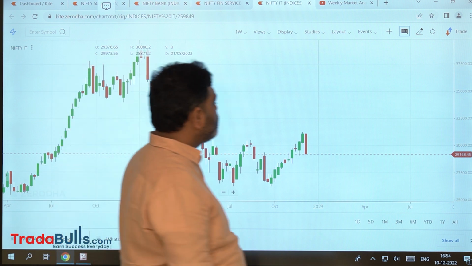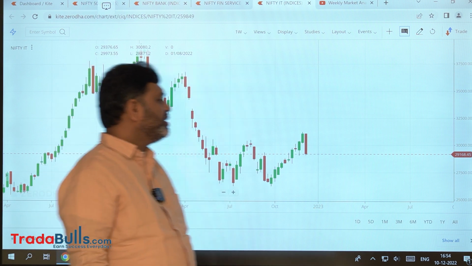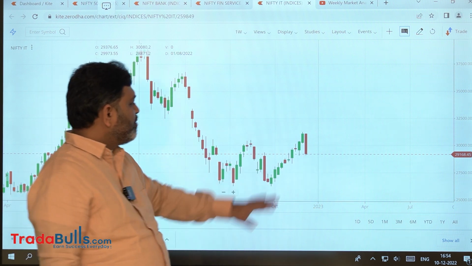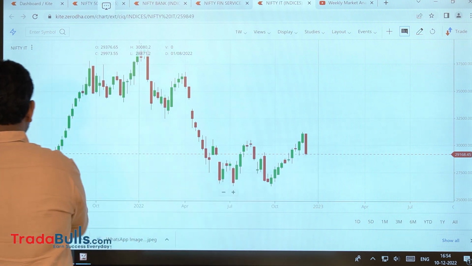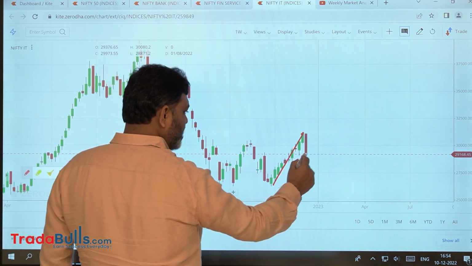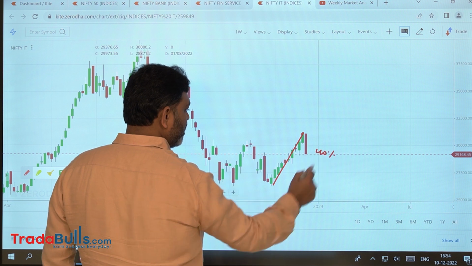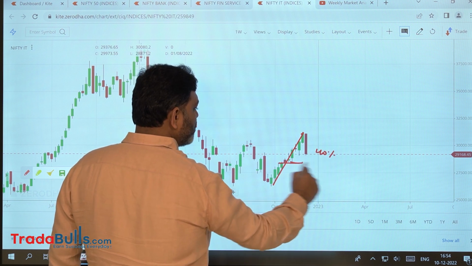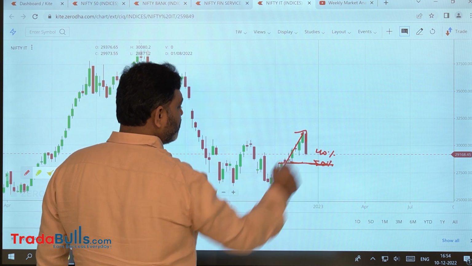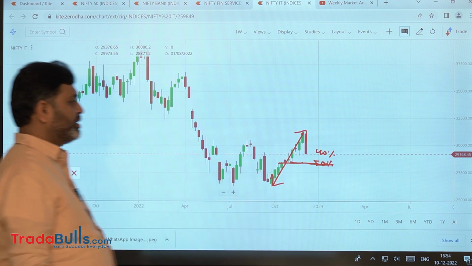So whatever the last 2 weeks' gains, they vanished in the previous week. Whatever range formed, whatever last swing, almost 40% was cleared, 40% vanished, and we may expect a 50% retracement of the last swing actually.